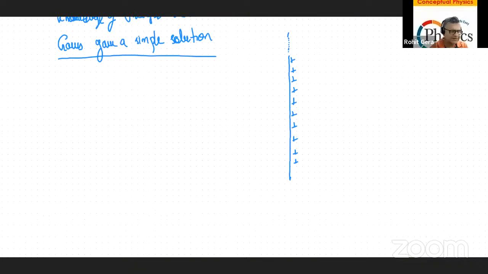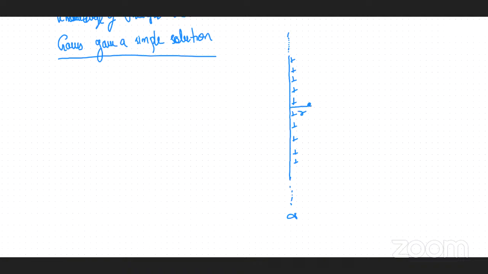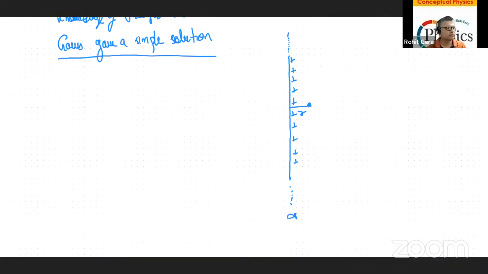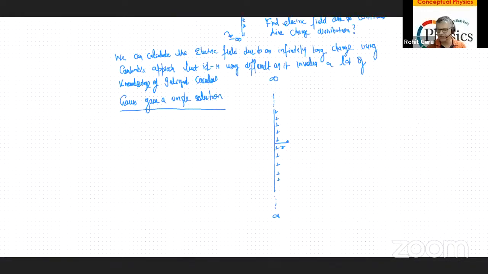I am endless. Find the electric field very close to it at a perpendicular distance of r. This is the problem that was given to Gauss, and he solved it in a very, very elegant method.